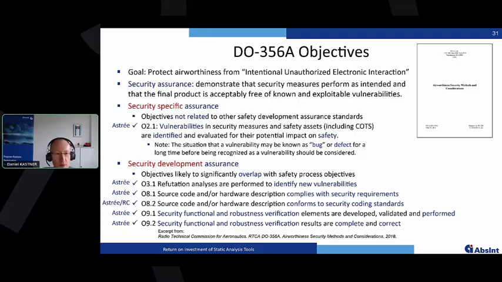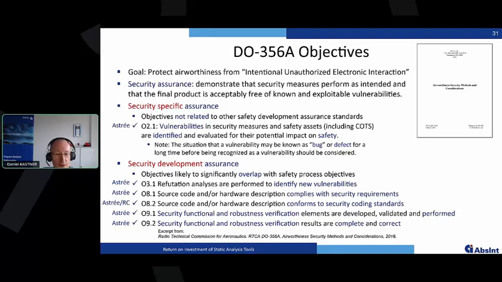And you can see that there are requirements like vulnerabilities in security measures have to be identified, which needs to assess bugs or weaknesses, whether they really constitute a vulnerability, which means, of course, you have to find them. So this is where Astrée contributes.